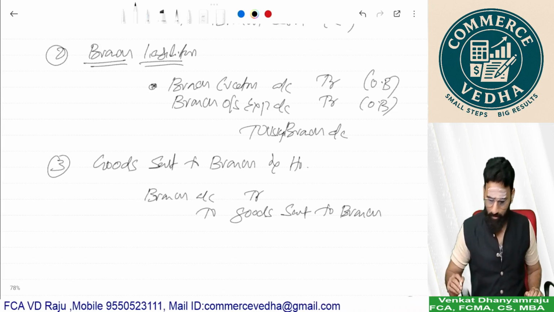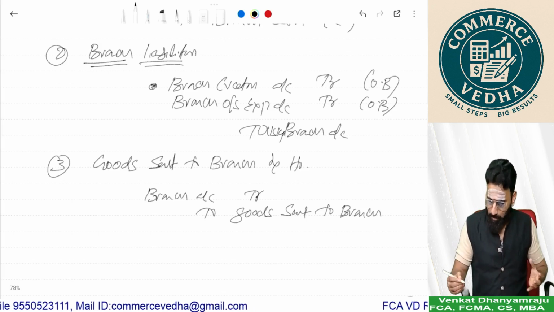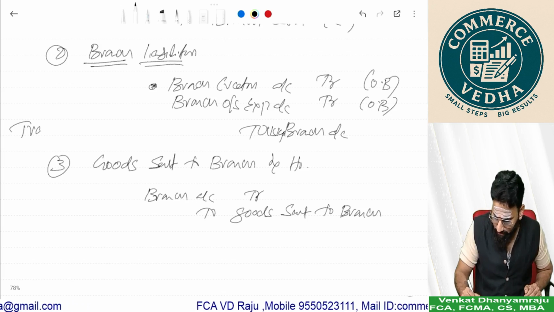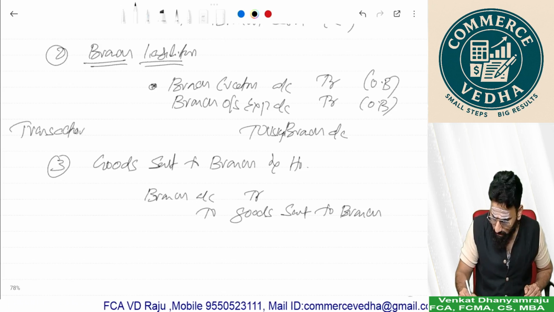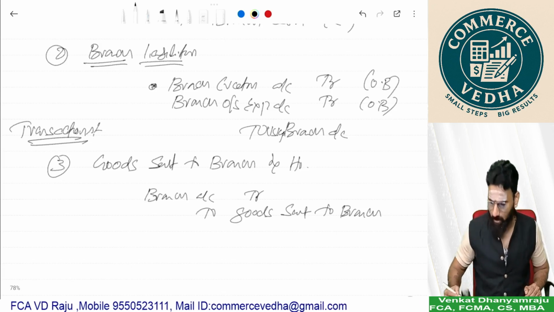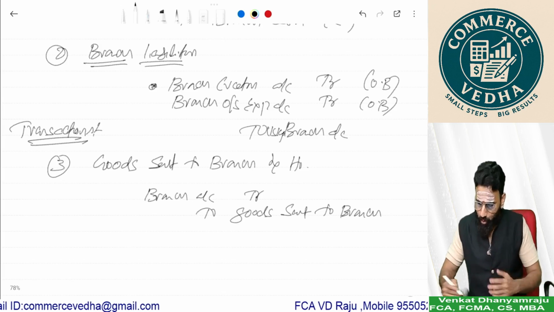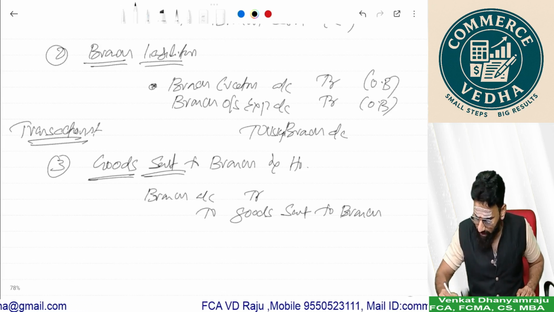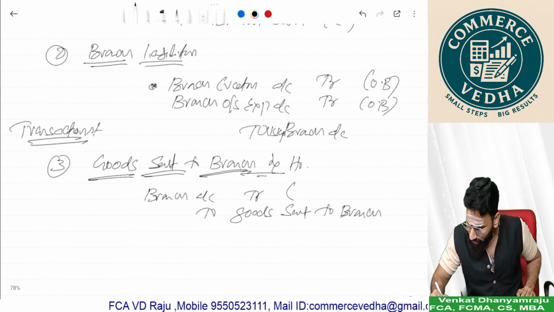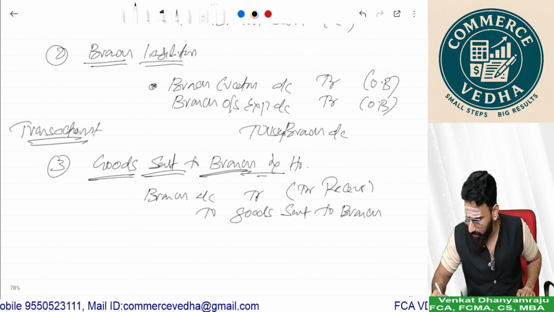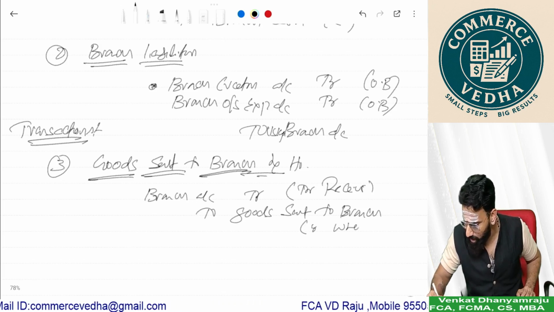So credit the goods. The first entry is after assets and liabilities. The very first entry. These are the transactions. Branch account debit to goods sent to branch account. The first entry. Here we should write debit receiver and credit what goes out.